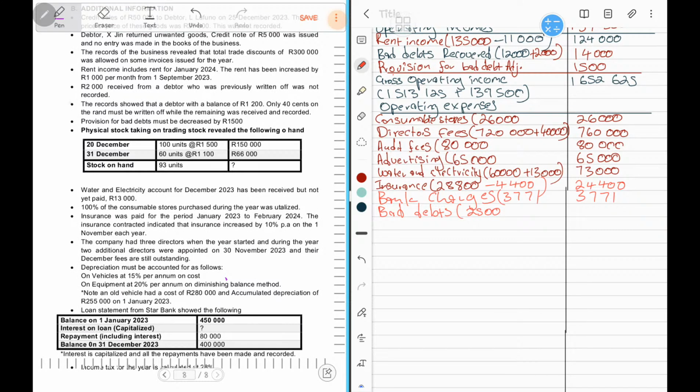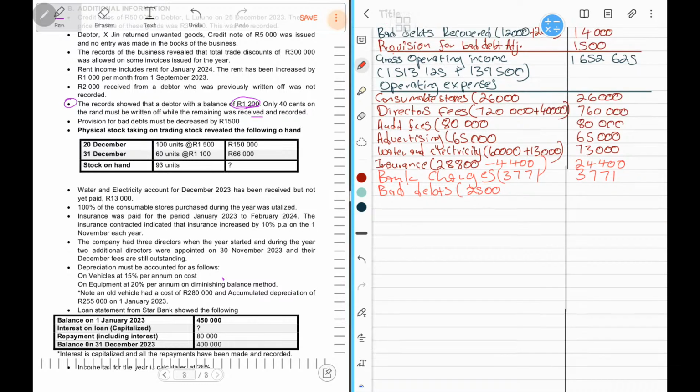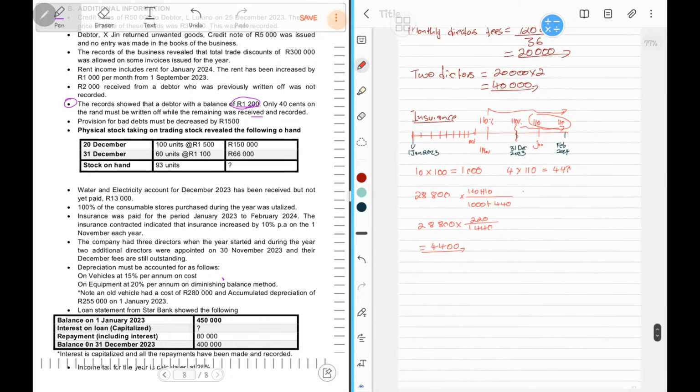this adjustment. We're told that the records showed that a debtor with a balance of 1,200, but only 40 cents on the rand should be written off, while the remaining was received and recovered, meaning that bad debts will be that amount multiplied by 40 cents.